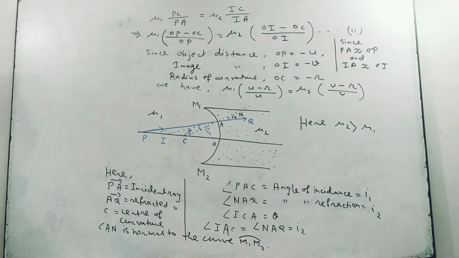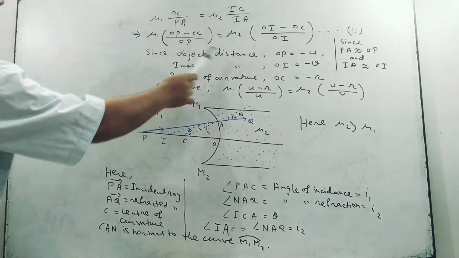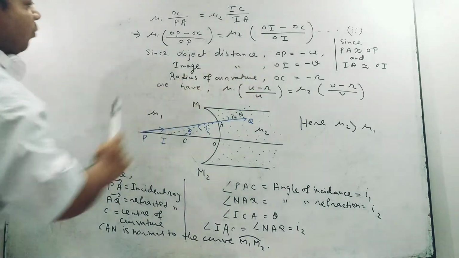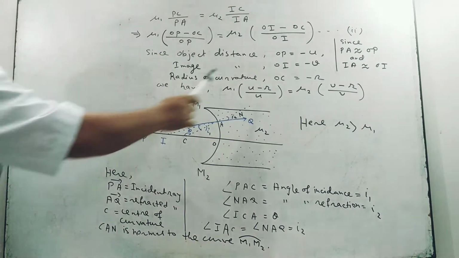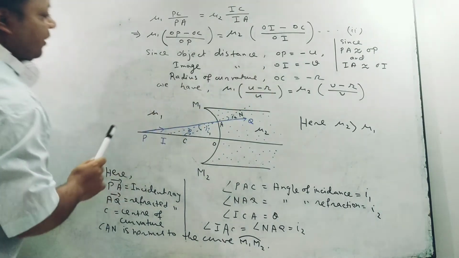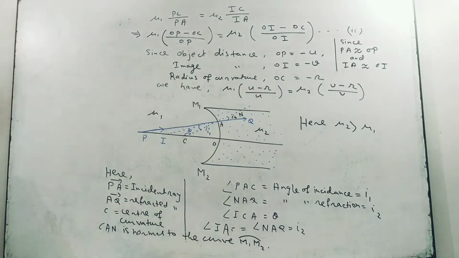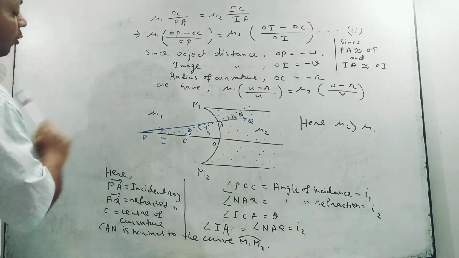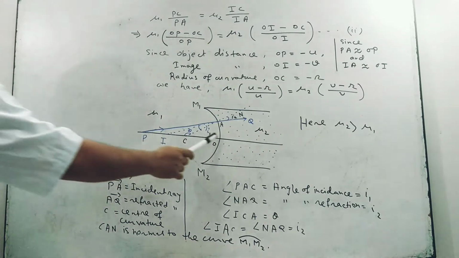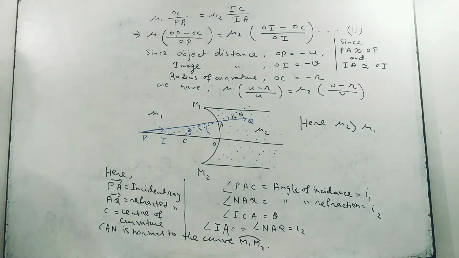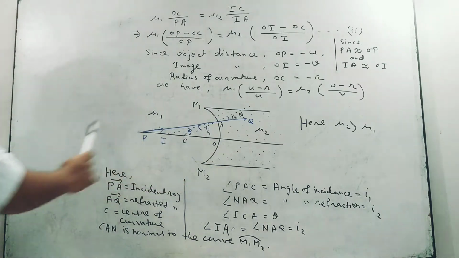Now we know that object distance OP is equal to minus U, image distance OI is equal to minus V, and radius of curvature OC is equal to minus R. OP is the object distance, OI is the image distance, and OC is the radius of curvature.